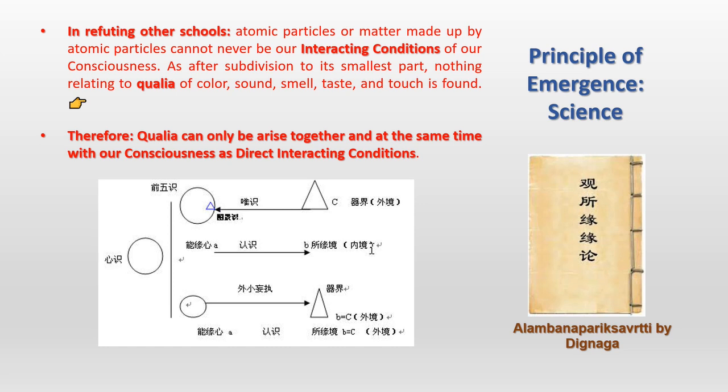The views of other schools are similar to the current view of science, which is called the emergence principle. But to date, nobody knows how qualia can emerge. Hence, he concluded that qualia can only arise at the same time and together as interacting conditions for our consciousness. He called it direct interacting conditions.